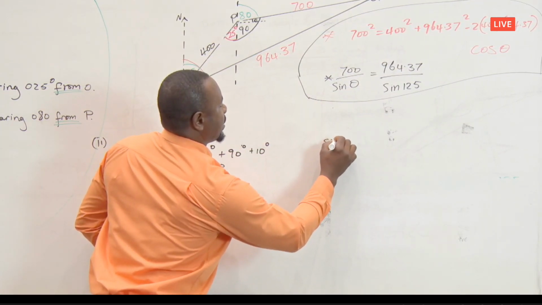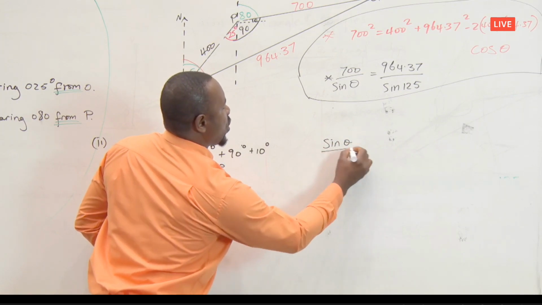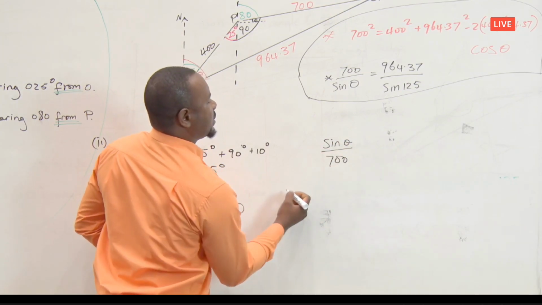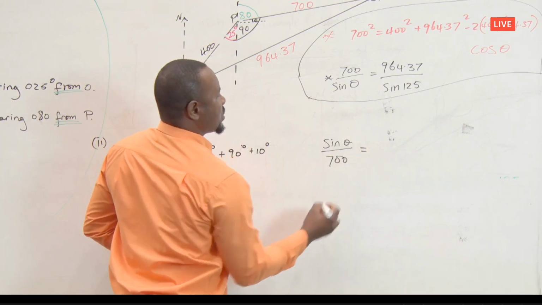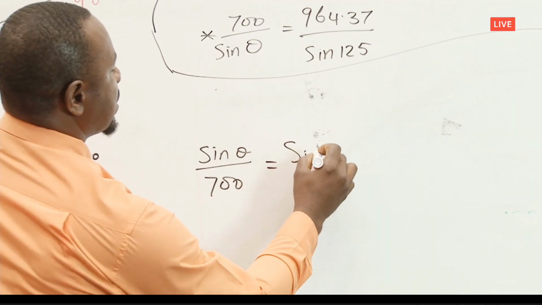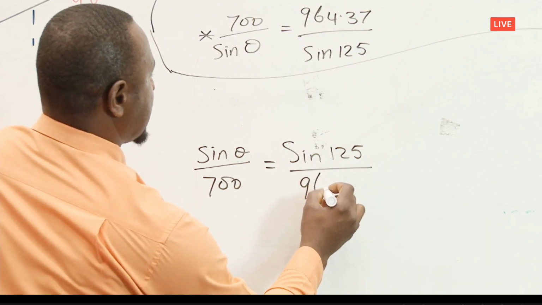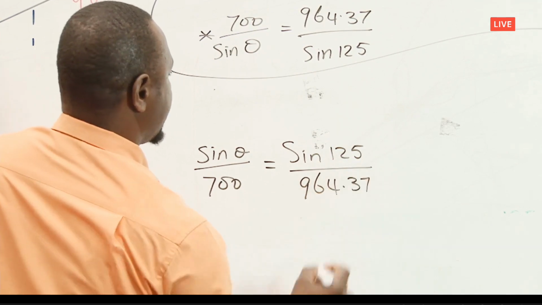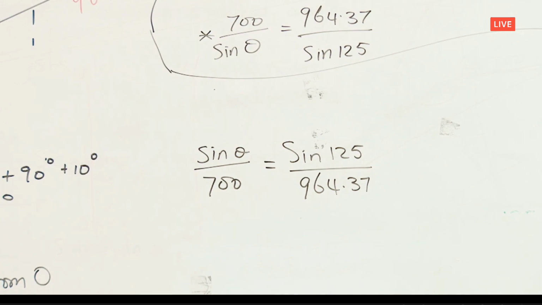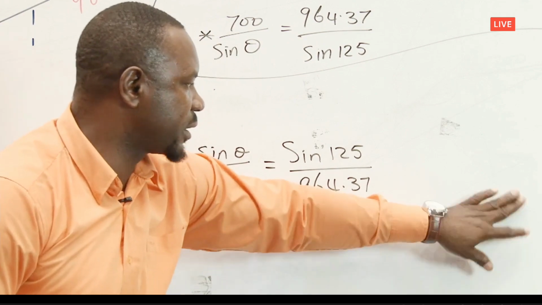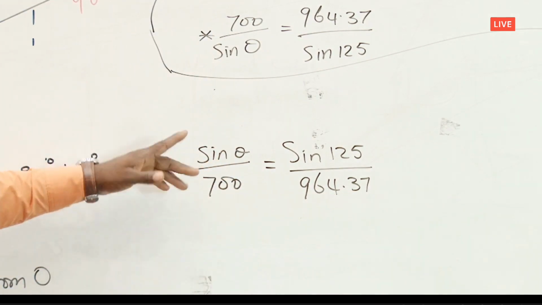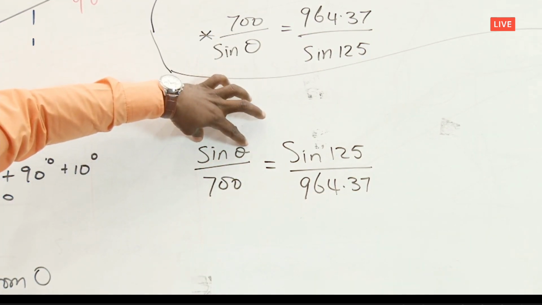So we get sine of the angle over 700 equals sine 125 over 964.37. It might take a little bit of effort, but nonetheless we can get to the end. Now we need to get this as the subject.